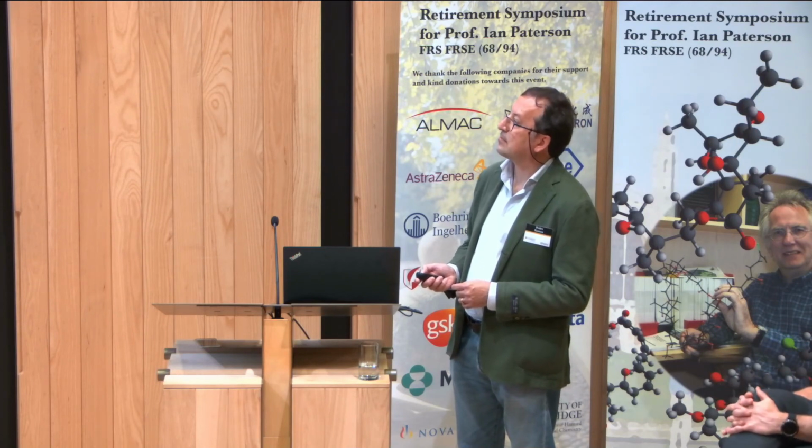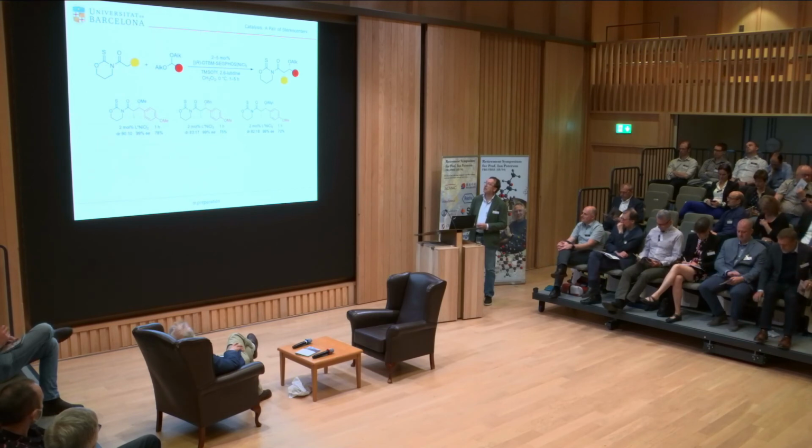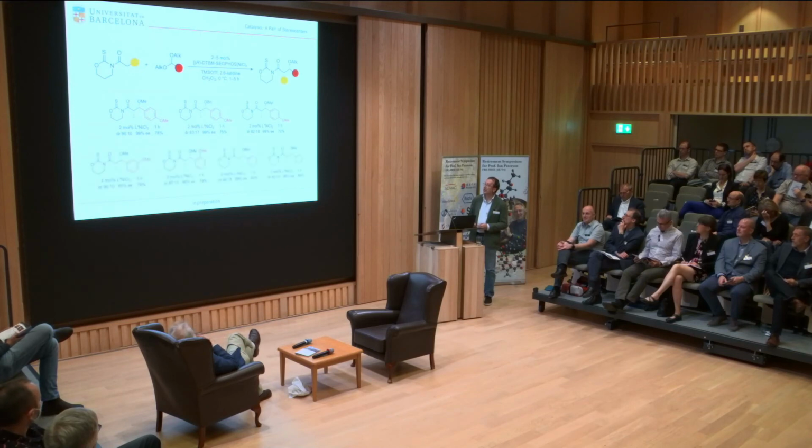So preliminary results are here. You can use dimethyl, dibenzyl, or diallyl acetals. You can see that we only obtain one enantiomer, 99 ee, with excellent yields, and diastereoselectivity, and it can also be applied to many other systems.